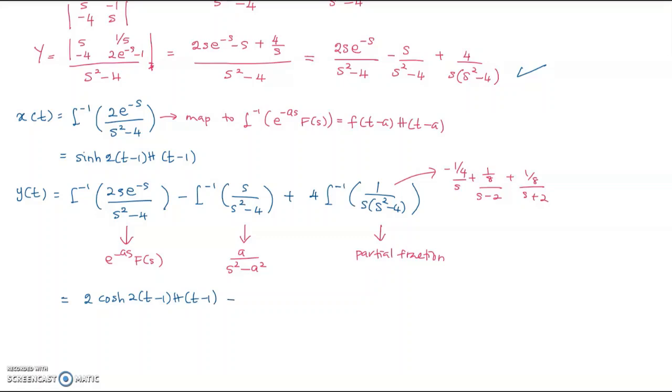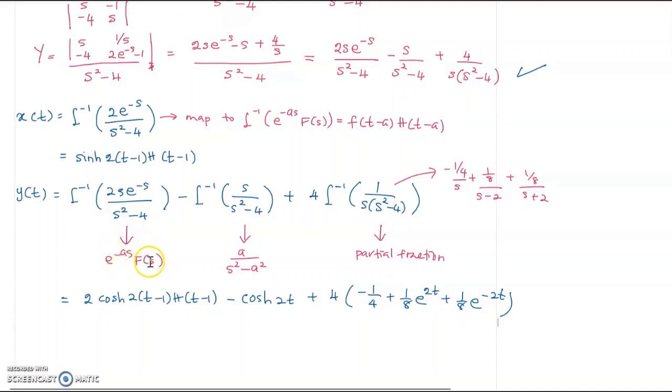Minus, for the second expression, it is just cosh 2t, and for the third one, this is 4 times negative 1 over 4 plus 1 over 8 exponent 2t plus 1 over 8 exponent negative 2t. With the reference that I've put here, I hope you can work out the details.